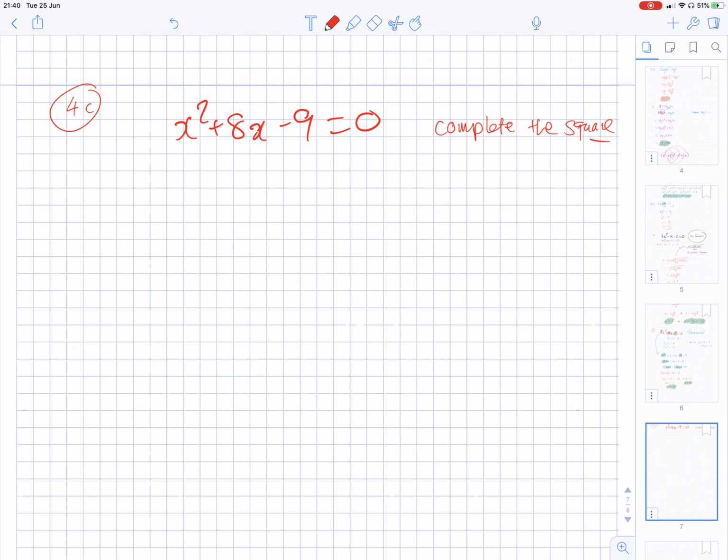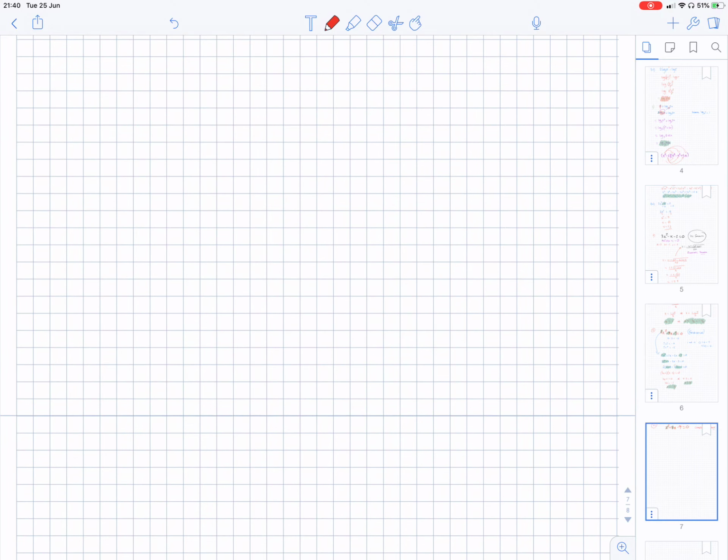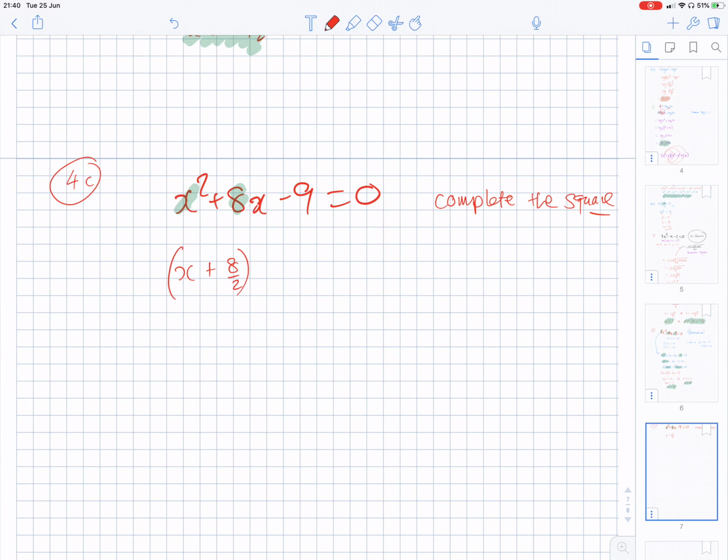Okay, so to complete the square, what we do is we take this x and write it down, plus this 8 divided by 2, and then we put brackets. So it's going to be x plus 8 over 2, and then we close the bracket. So it's not x squared, but x plus 8 over 2 in brackets, and then we square that.